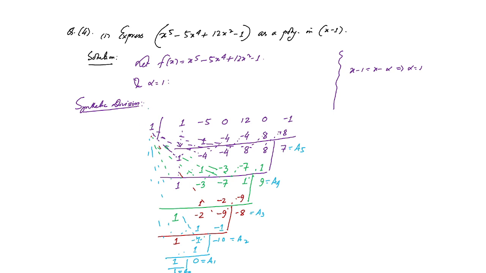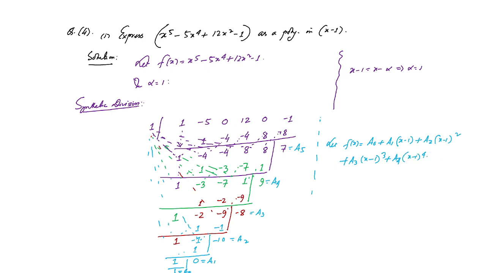So here just consider, let f(x) equal a0 plus a1(x minus 1) plus a2(x minus 1) whole square, a3(x minus 1) whole cube, a4(x minus 1) whole to the power 4.